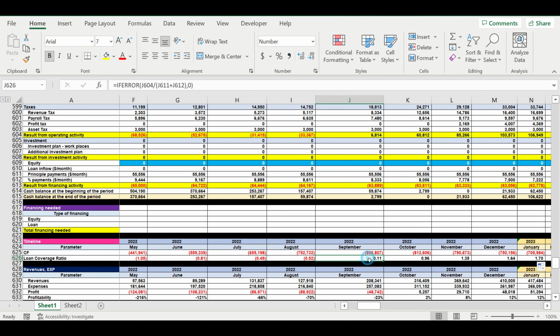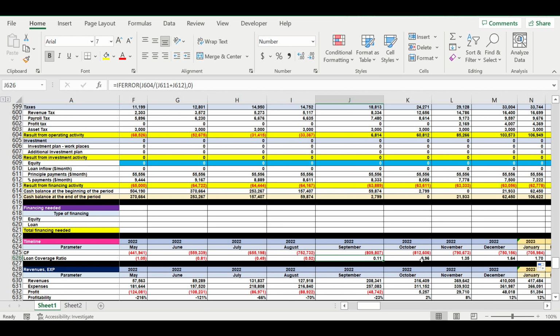If the loan coverage ratio is less than 1, this means that your operating profit isn't even enough to pay your debts. And this is a serious story, because you have to rethink your business concept, or you have to put more money from your pocket to finance your business idea during the first stage.